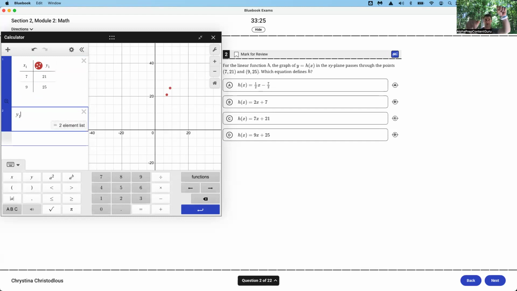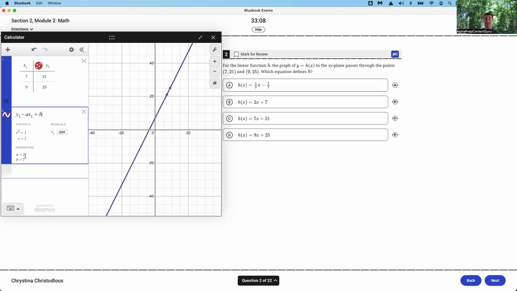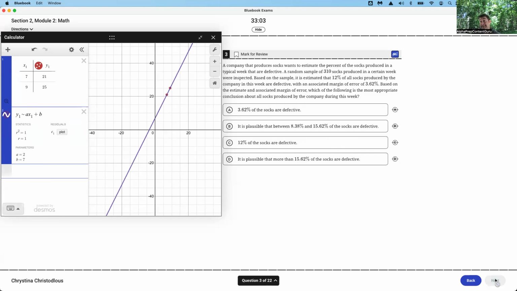Y subscript 1 by touching Y and then 1 before I take my finger off of the Y. Then instead of an equal sign, I'm going to do the tilde, top left corner of my keyboard to the left of the 1. And then I'm going to go, I don't know what that first number is, A, X subscript 1, plus I don't know what the second number is, B. But the cool thing is the line of best fit tells me A is 2 and B is 7. Done. The answer is B. Doesn't feel like a hard module yet. Let's see what we've got.